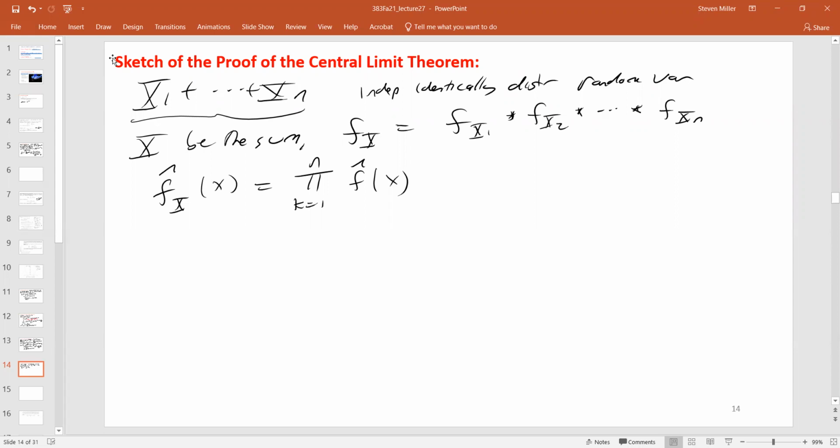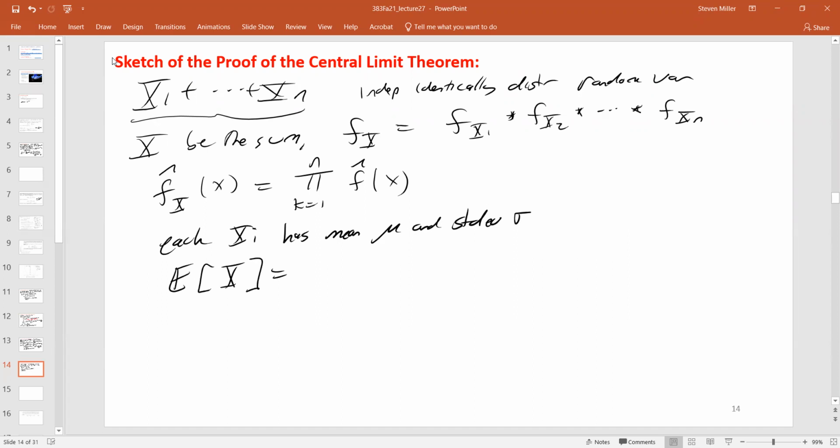So what we need to do is look at x. So let's say each xi has mean mu and standard deviation sigma. And the expected value of the sum is just going to be the sum of the expected values. If you haven't seen probability like this before, it's okay.